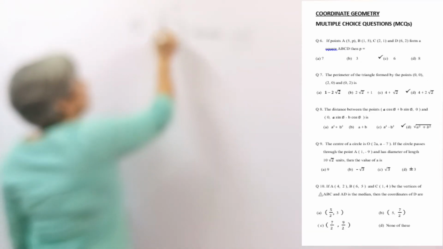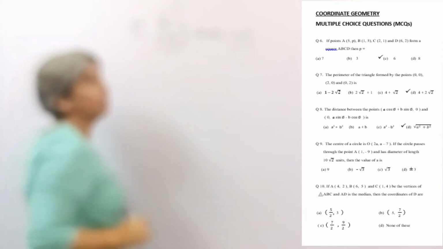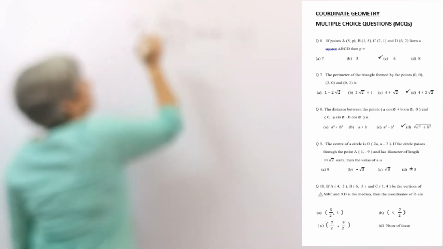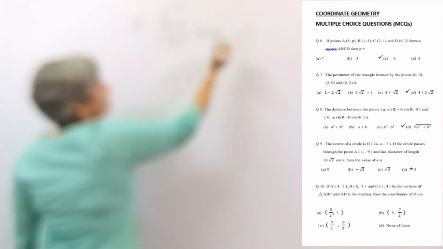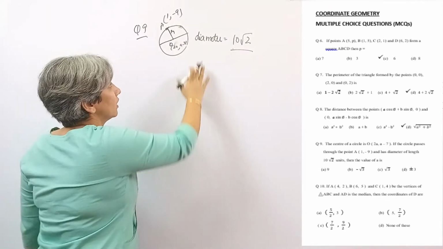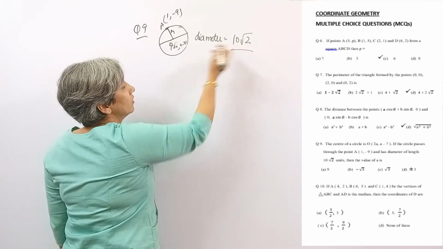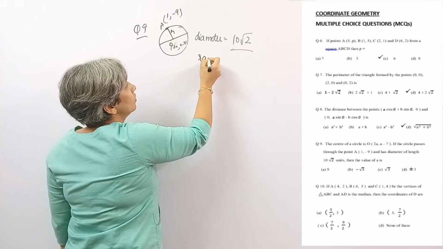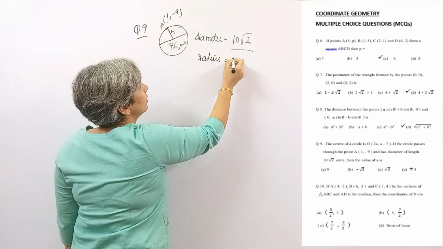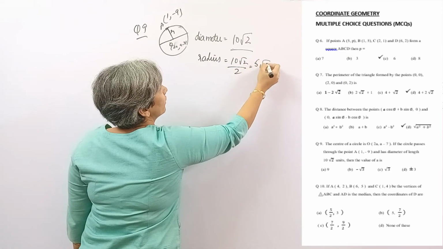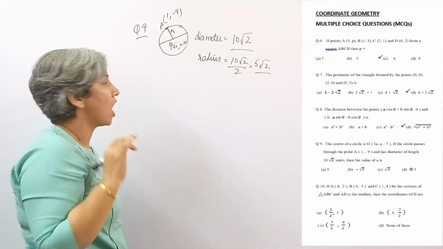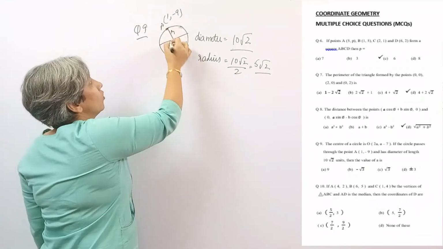Okay, so we know distance from A to O would be my radius. Fine, which is known. How? Diameter is known, half of diameter is radius. Since diameter is 10 root 2, radius will be half of this, which is 5 root 2, which will be AO.